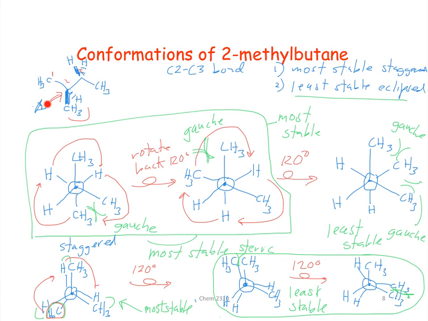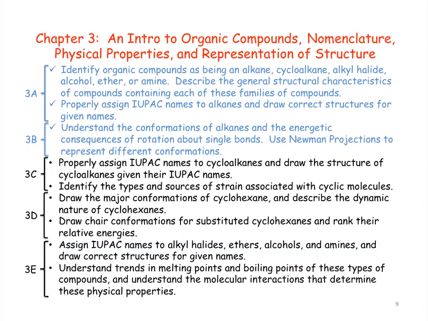And then we draw our first Newman projection, and usually I just draw it as I drew it right here. Then we can look at it and decide, is this the most stable, if that's what we're looking for, or not? If it's not, then we can do a rotation and try to come up with the least stable, and so forth.